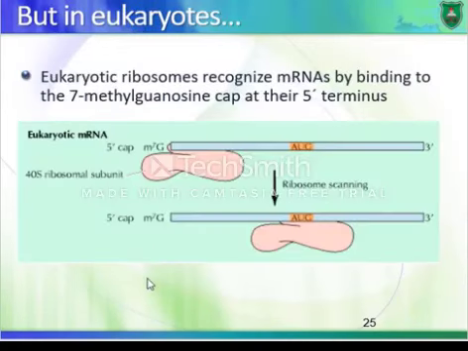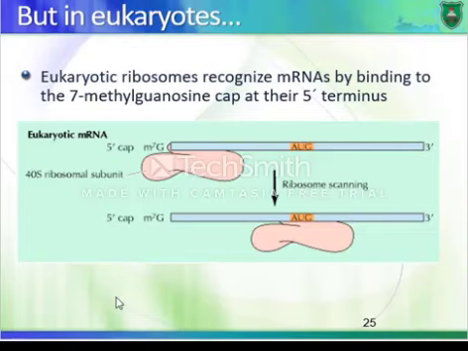But in eukaryotic cells, the small ribosomal subunit binds to the mRNA through identifying the cap. You remember the cap in the eukaryotic mRNA. So the small ribosomal subunit will identify the 7-methyl-guanosine cap at the 5' terminus. So the 5' cap of the mRNA in eukaryotic cells is very important for recognition by the small ribosomal subunits.